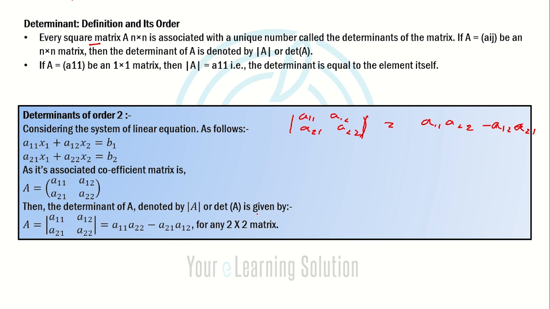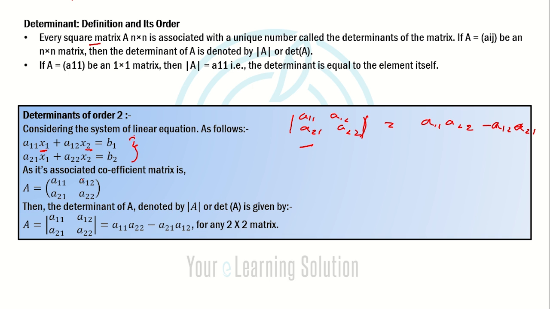Now, the same concept of calculation of determinant can also be extended when you look at a system of linear equations. If you have a system of linear equations in two variables, x1 and x2, written in a manner that the coefficients of each of the variables are in the order a11 x1 plus a12 x2, and a21 x1 plus a22 x2, then this entire system of linear equations could be represented as a matrix.